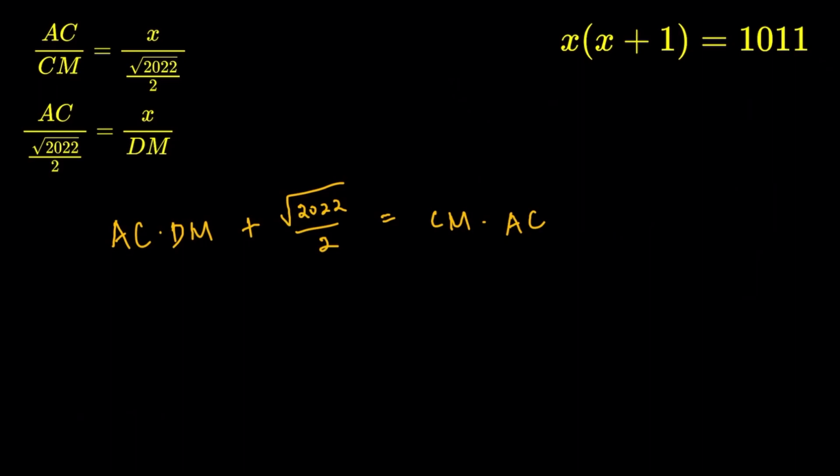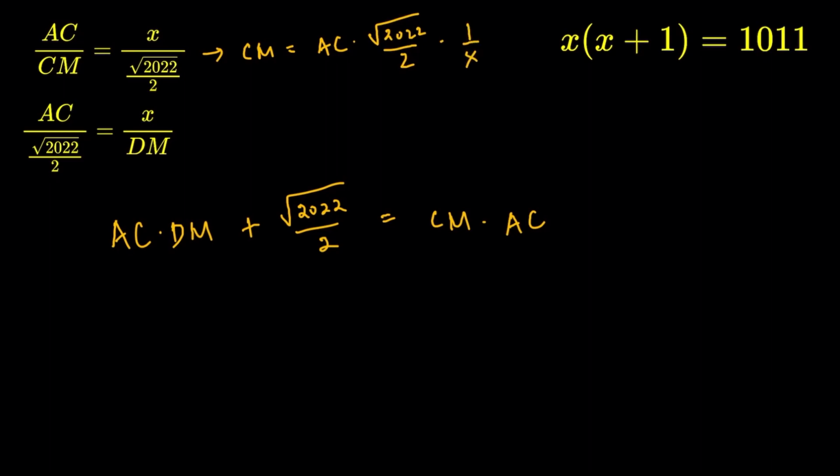Now let's try to write everything in terms of hopefully just AC as much as possible. So I know that I could solve for CM here. I would get that CM is going to be equal to AC times square root of 2022 divided by 2, times 1 over x.